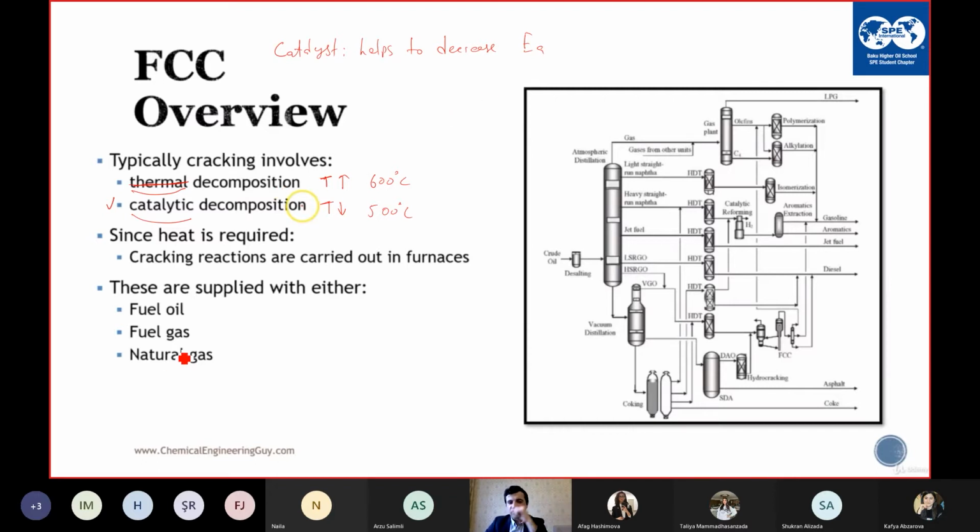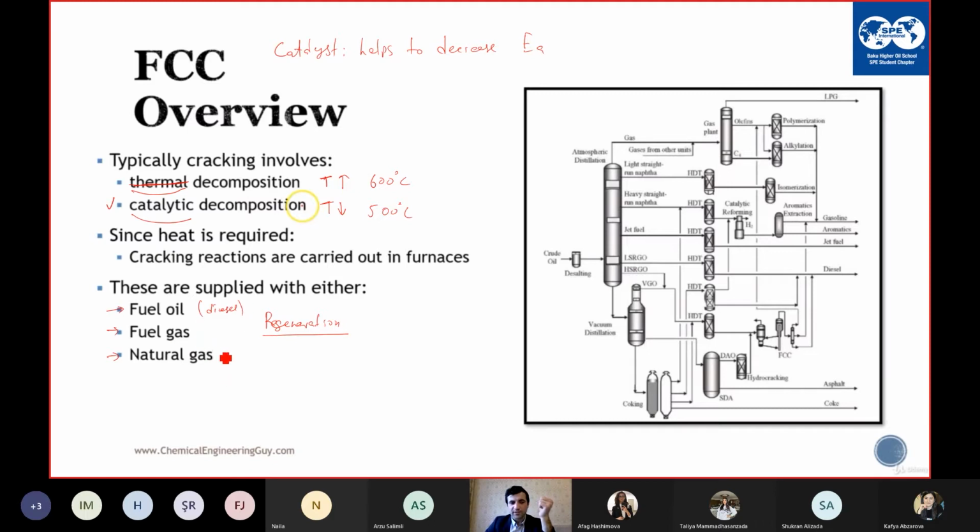And on the regeneration side, we will use one of these few products, let's say, as fuel. It can be fuel oil, kind of diesel, fuel gas, or natural gas.